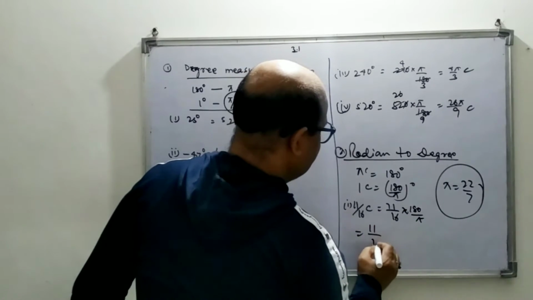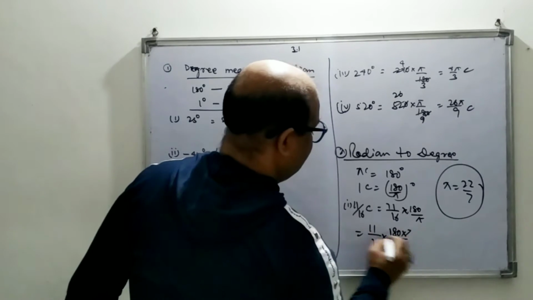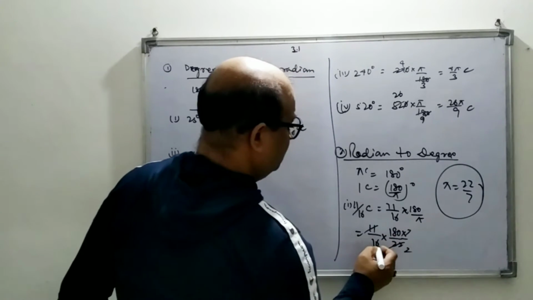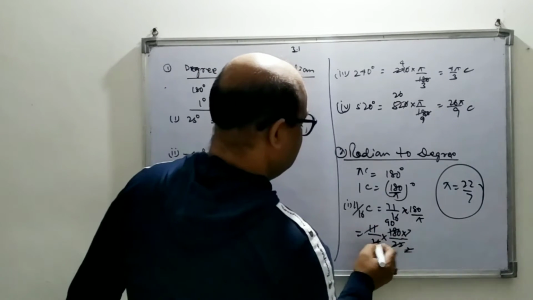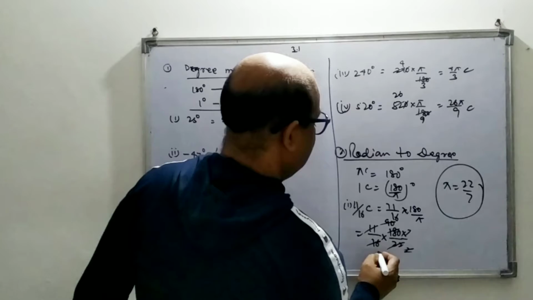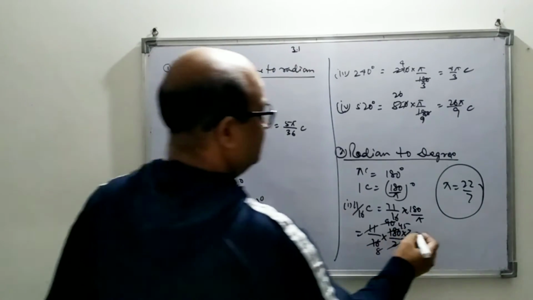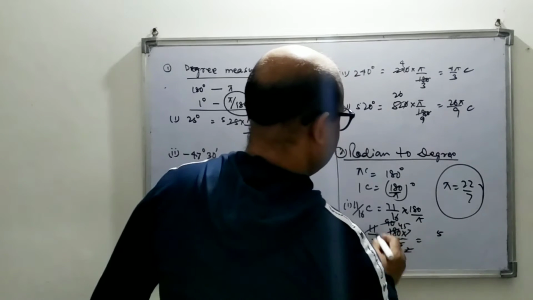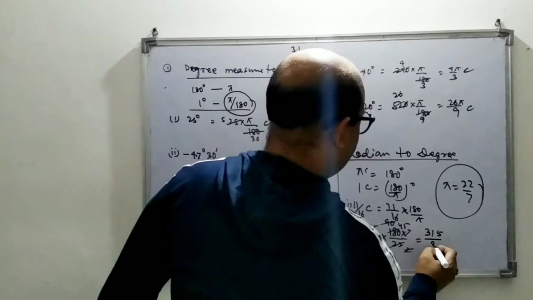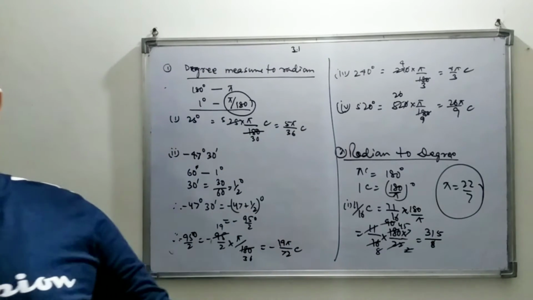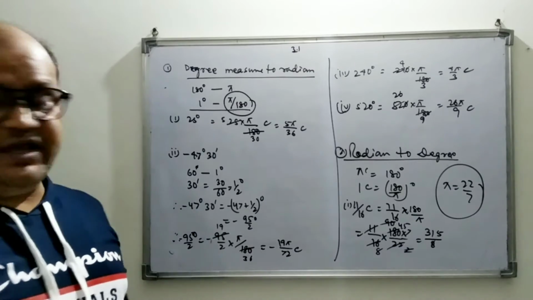That is 11 by 16 into 180 into 7 upon 22. That gives you 315 by 8 degree.